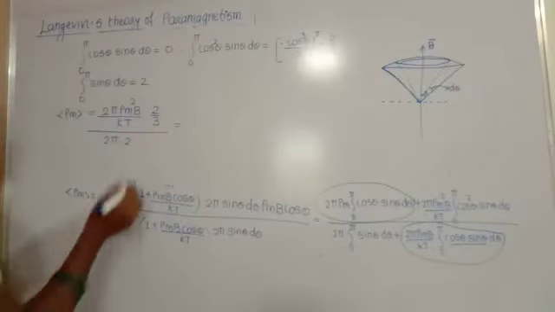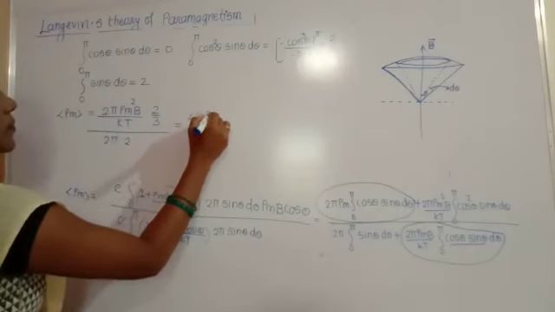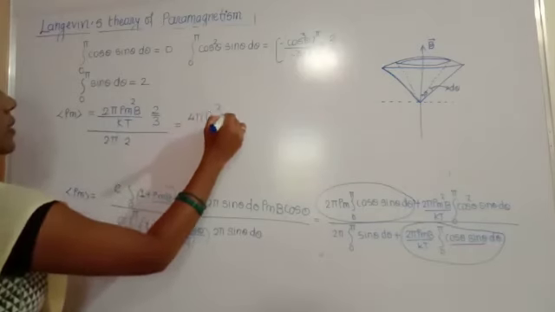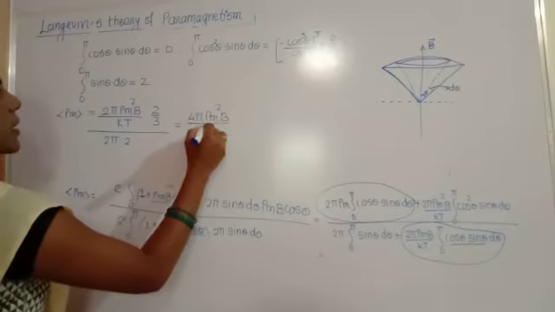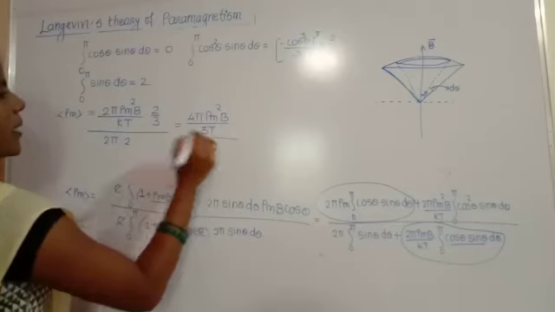So this equals 2 to the 4 pi pm square b by 3 kt, divided by 4 pi.